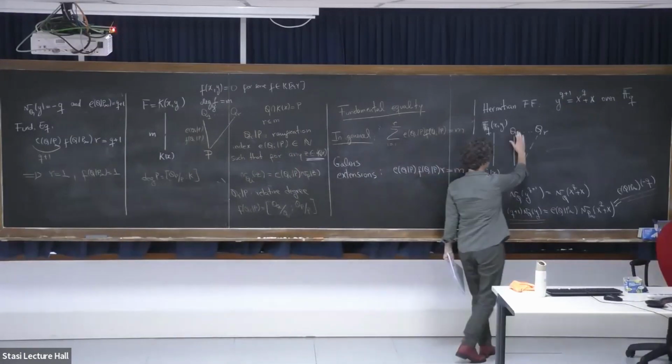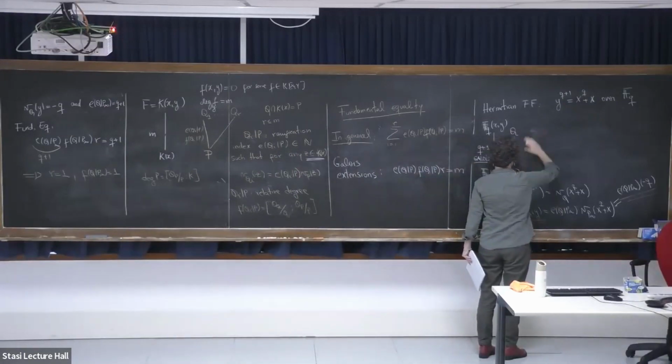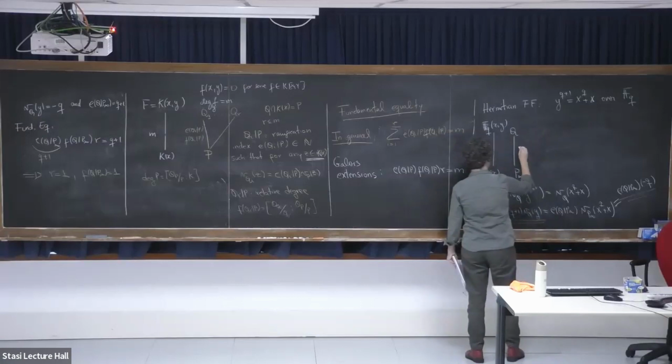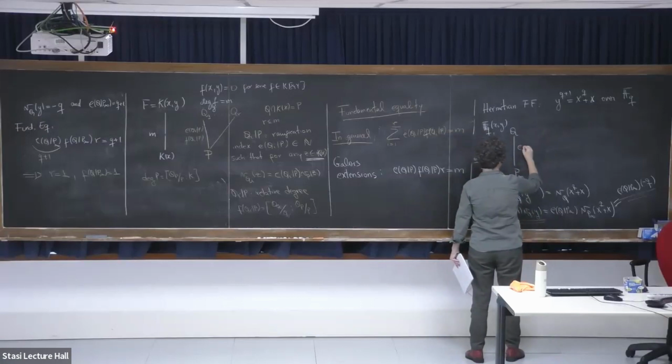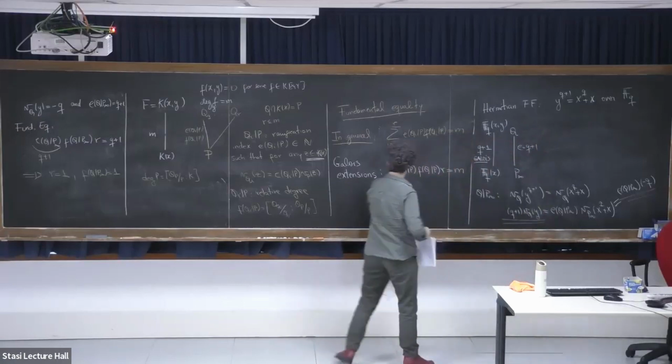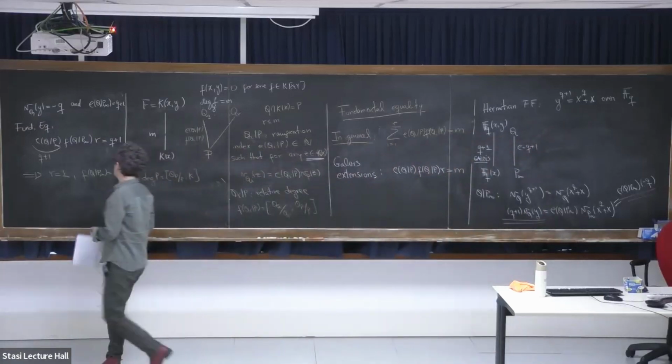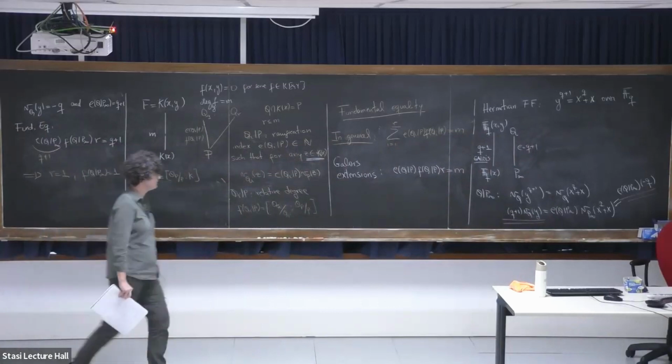So we don't have these guys. Okay? So this is it, and we know that the ramification index here is just Q plus 1. Okay? So I have this.